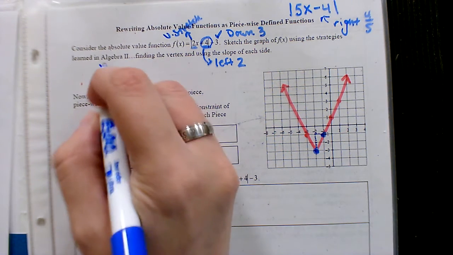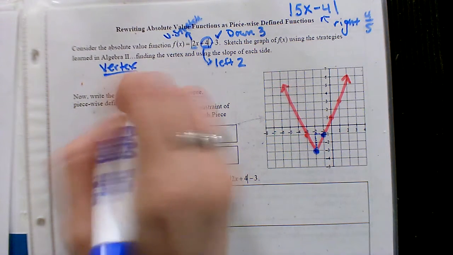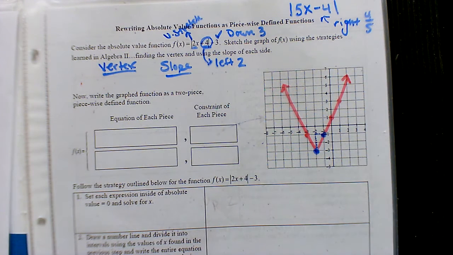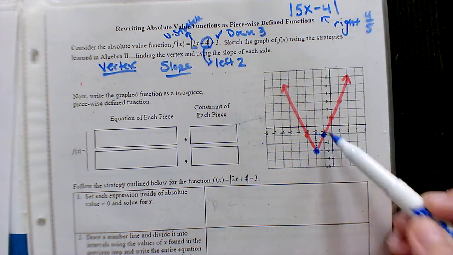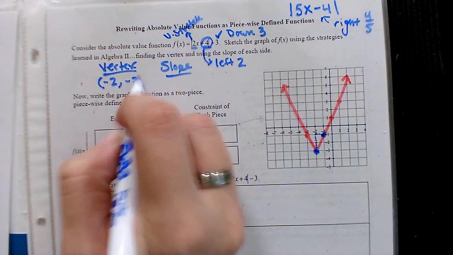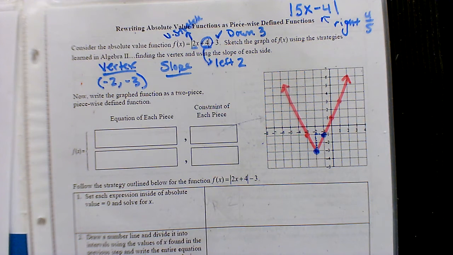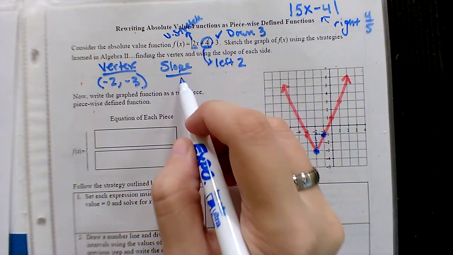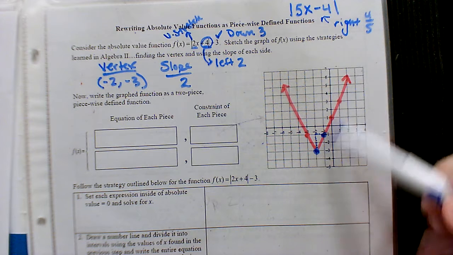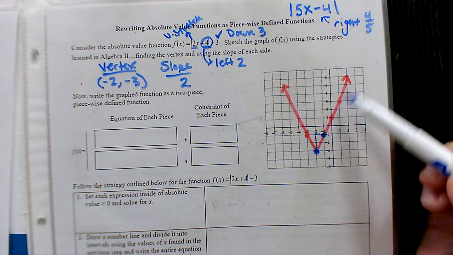Okay, so let's go ahead and label where our vertex is, and maybe we can identify the slope of each one of these legs. The vertex looks like it's at the ordered pair -2, -3. And we calculated the slope to be 2, but that's just this right-handed leg of the absolute value.